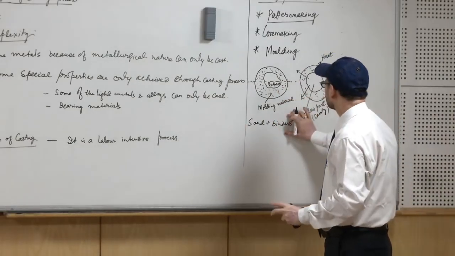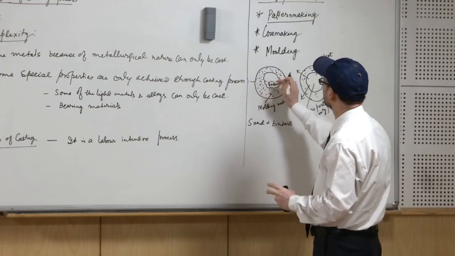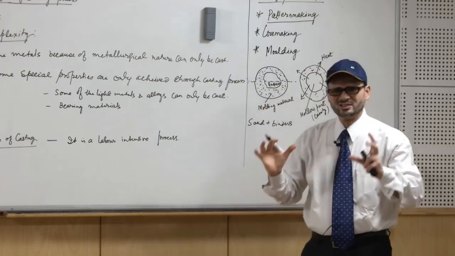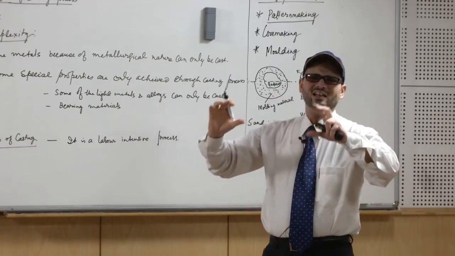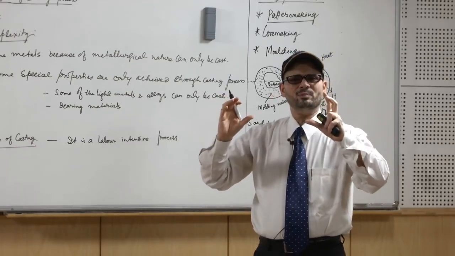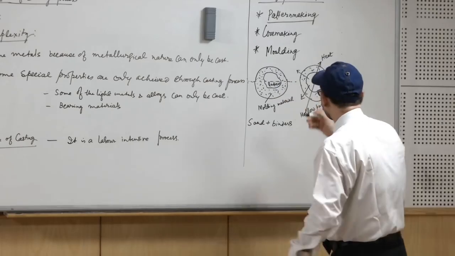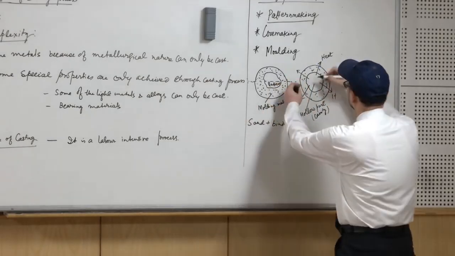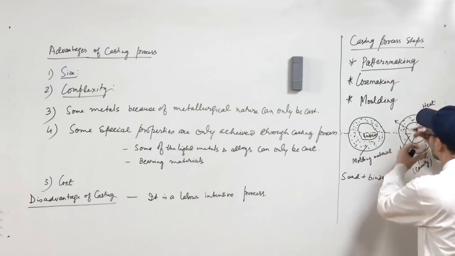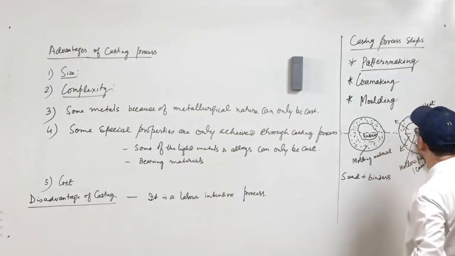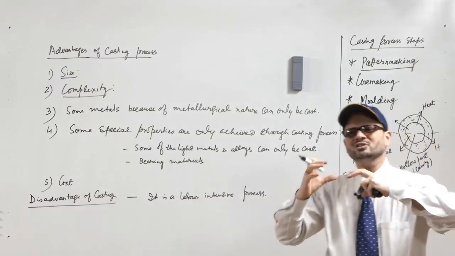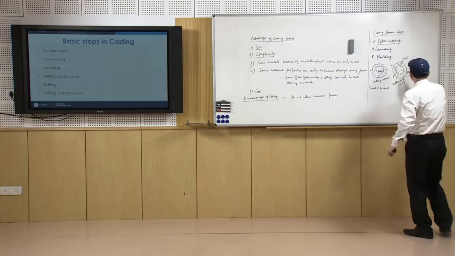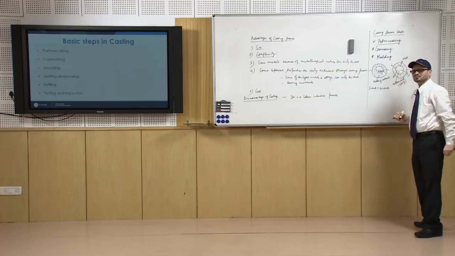Then this portion is kept around this pattern, pressed so that it gets a proper shape with proper strength, and then with some tool this pattern is removed and these two boxes are joined together so that you get a cavity and you have the provisions to pour the metal into it. Then you are pouring the metal.